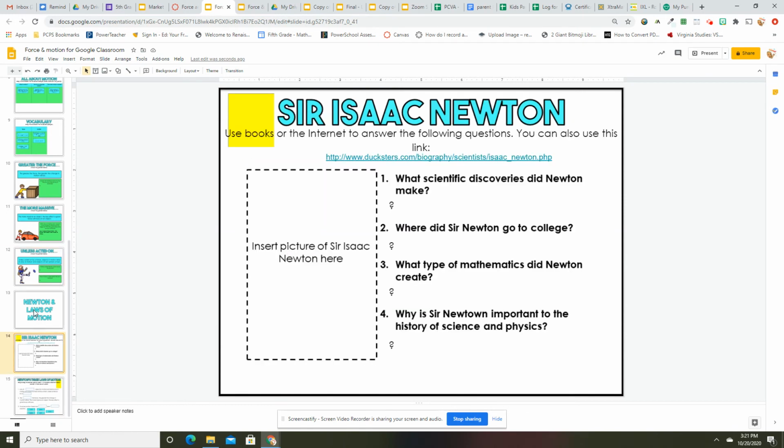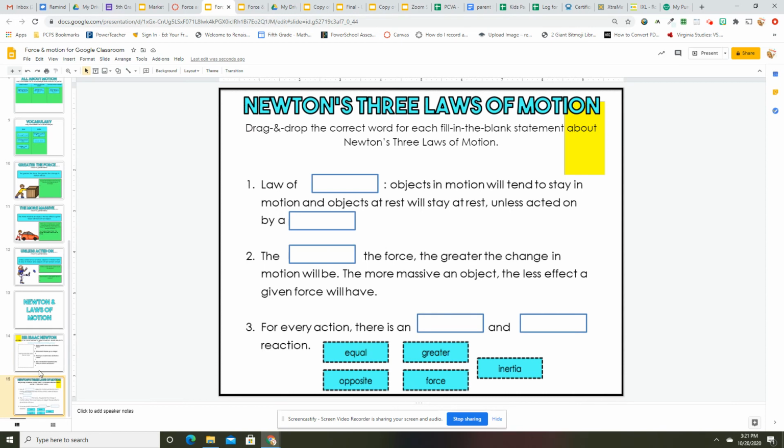Okay, Newton's laws of motion. We are going to actually not, let's see, we're not going to do this one. We'll just do this one. All right, Newton's 3 laws of motion. Drag and drop the correct word for each fill-in-the-blank statement about Newton's 3 laws of motion. The law of blank: objects in motion will tend to stay in motion, and objects at rest will stay at rest unless acted on by a what?